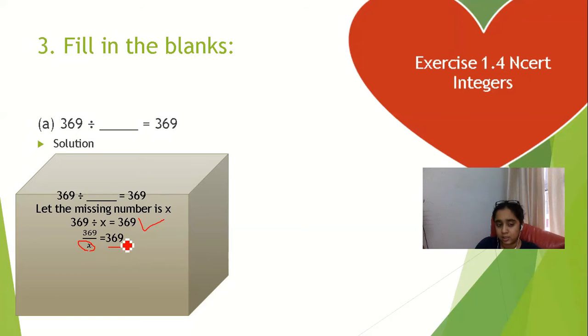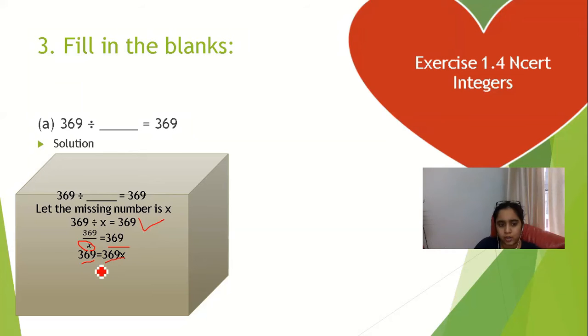When this x goes to the right hand side, it will multiply with 369. So this 369 will remain as it is, and this x will multiply by this 369, so the equation will become 369x. Now we have to find the value of x.